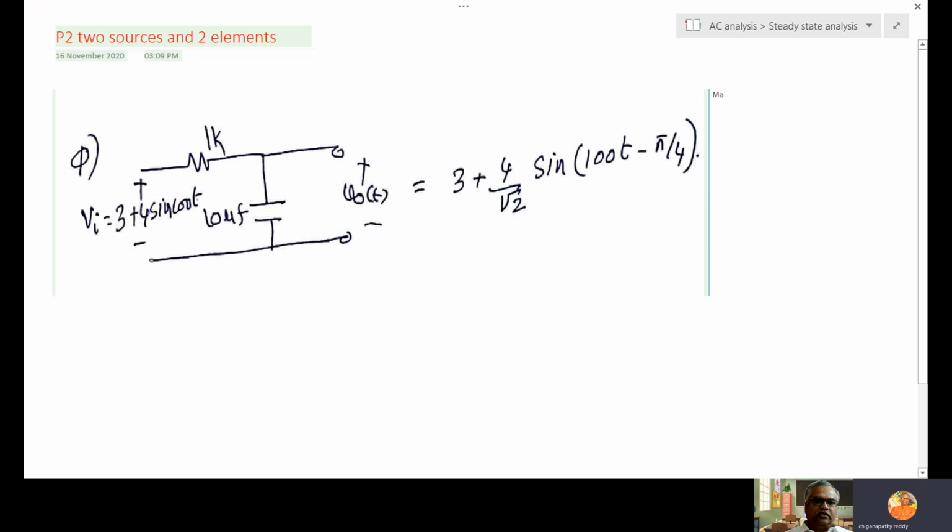It looks like a single source, but it is a combination of two sources. 3 is the DC voltage source, and 4 sin 100t is the AC voltage source. DC signal frequency is 0, AC signal frequency is 100. It clearly comes under two sources with different frequencies.